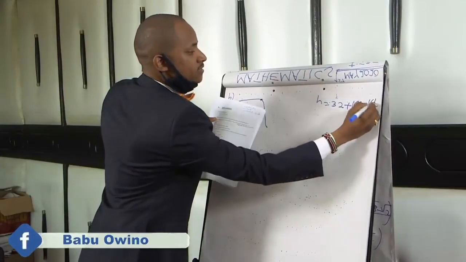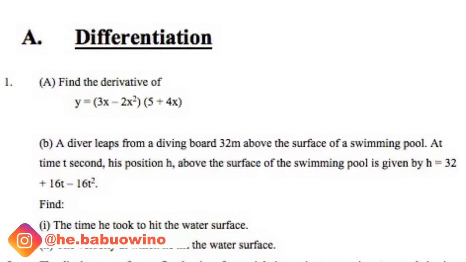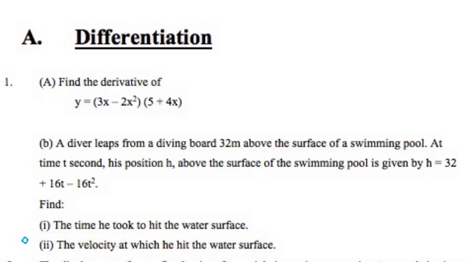minus 16t squared. Now the first part of this question wants us to find the time he took to hit the surface of the water. So when the diver dives from here, he hits the water surface.